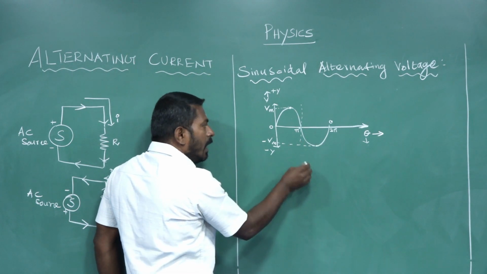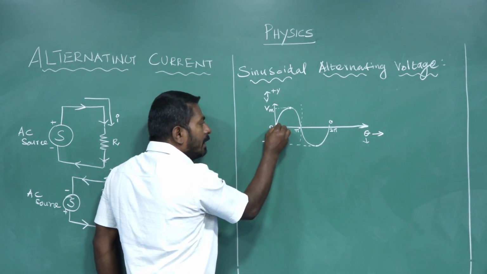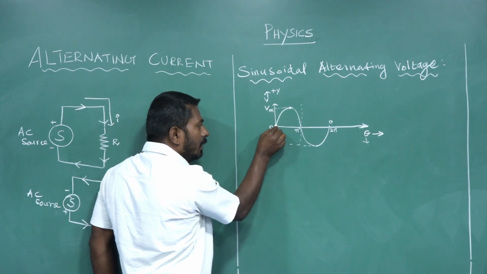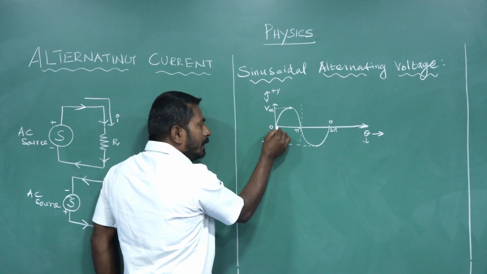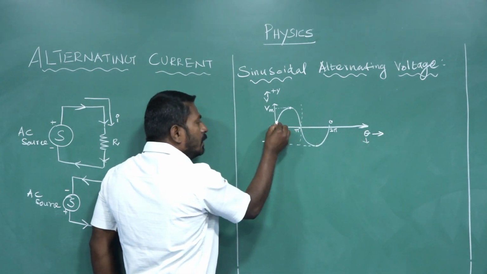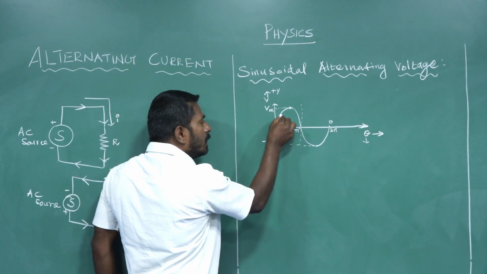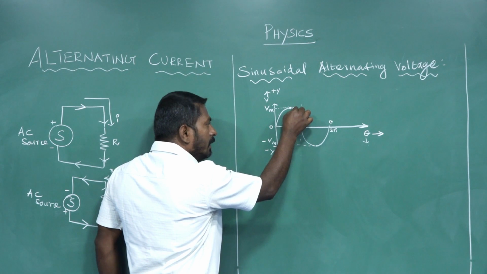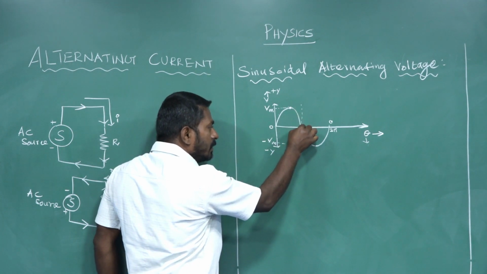Not only polarity, at each and every instant the magnitude also continuously changes. At that instant the voltage is 0. As time or theta increases, the magnitude increases to reach a maximum. Again, with respect to time, the voltage decreases and reaches 0.